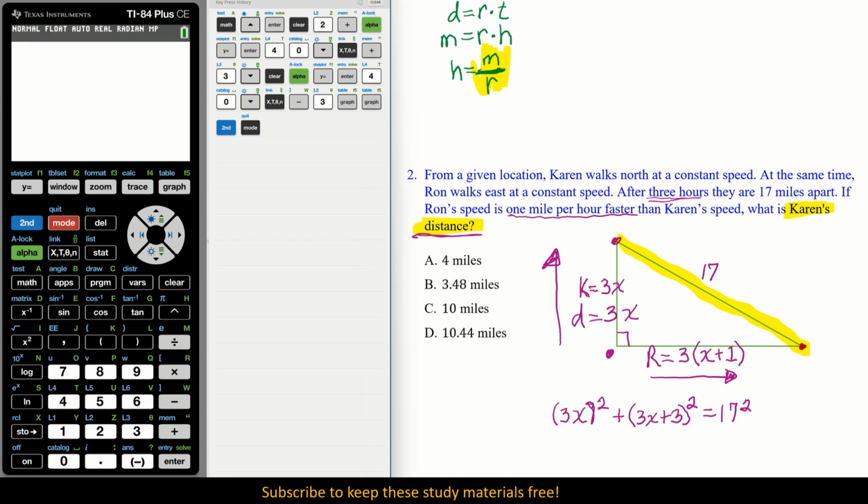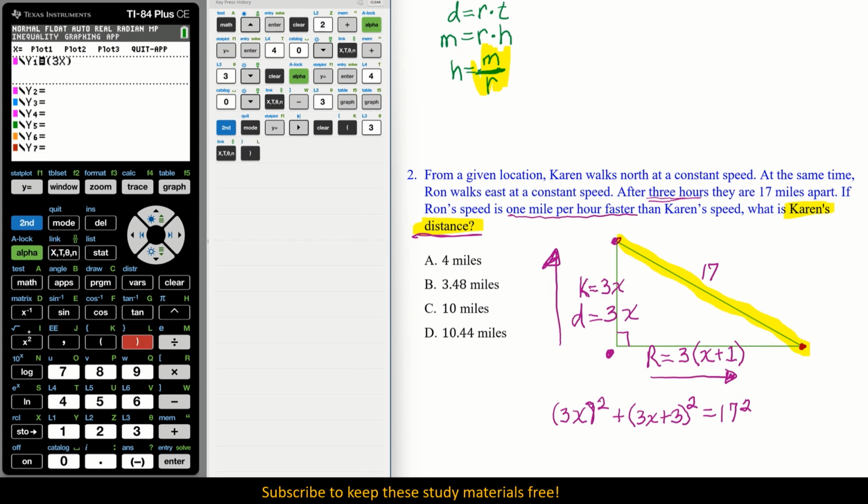So let's back out of this. Let's do y equals, clear out what we have, and in parentheses, we're going to say 3x, close our parentheses, square it, plus, and open our parentheses, 3x plus 3, close, and square it. And let's make this equal to 0.